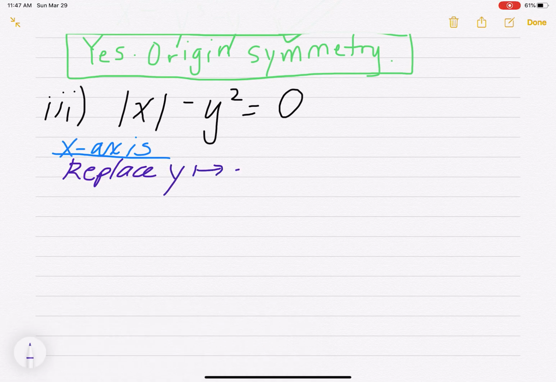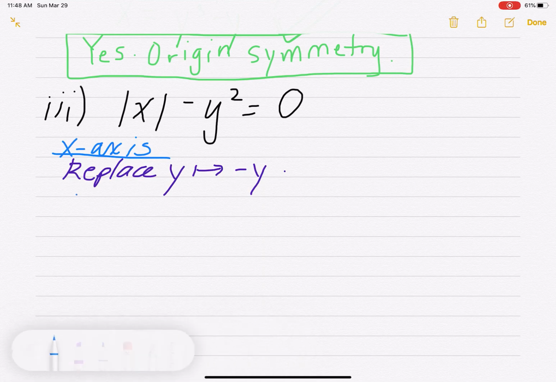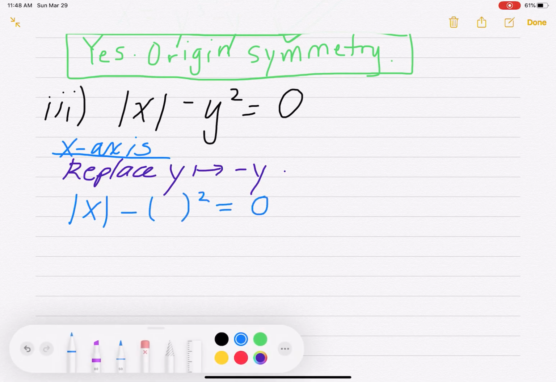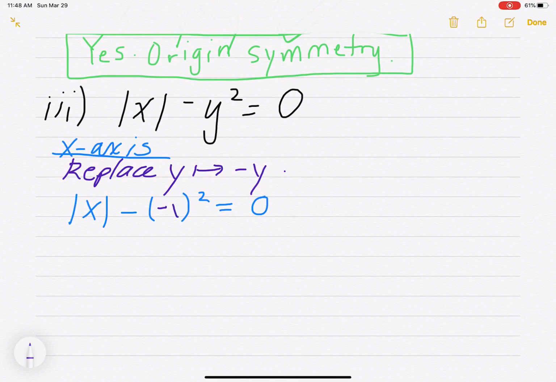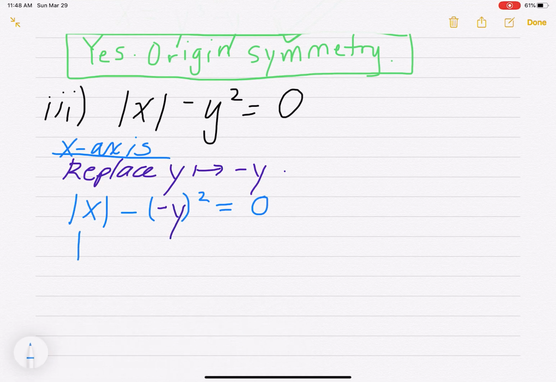and see if we get the original equation. All right, so we're going blue. The template is the absolute value of x minus a blank squared equals 0. In place of y, I'm going to put my negative y right here. Now, we want to simplify that, and you have to remember how to deal with the negative inside of the parentheses.